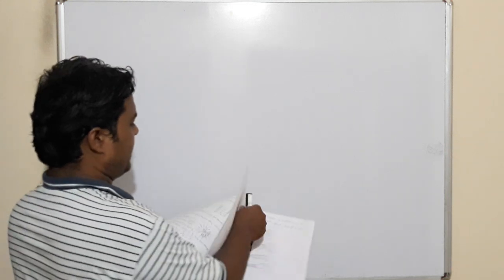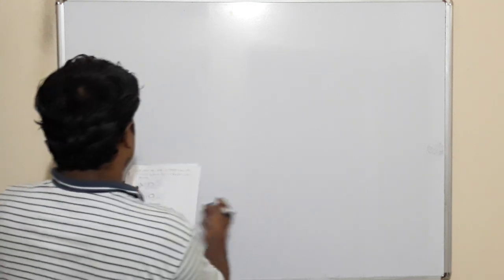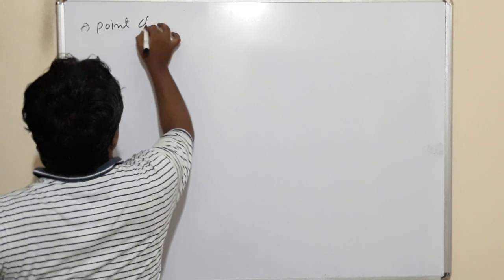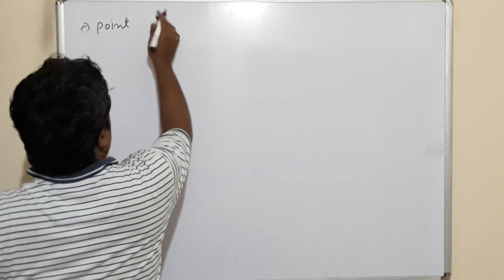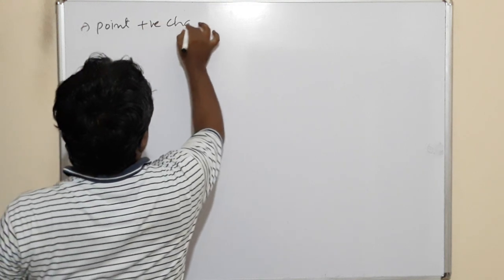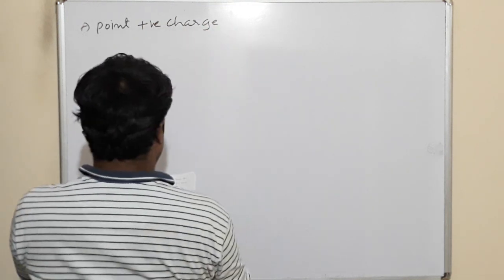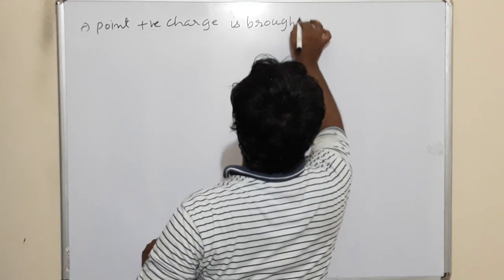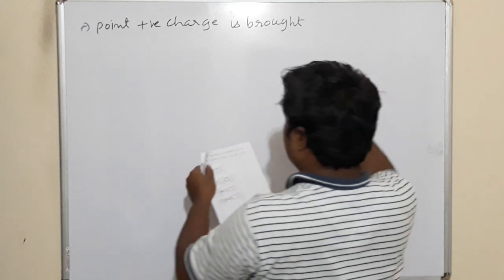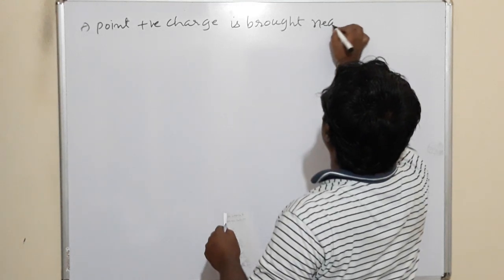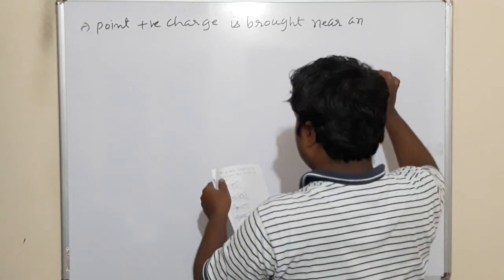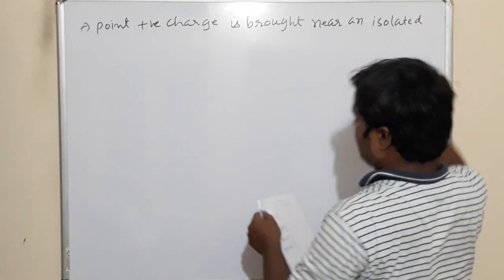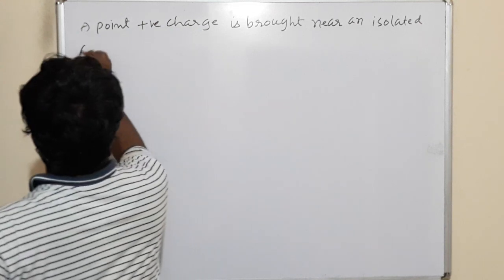Let us see this NCERT example problem. A point positive charge is brought near an isolated conducting sphere.